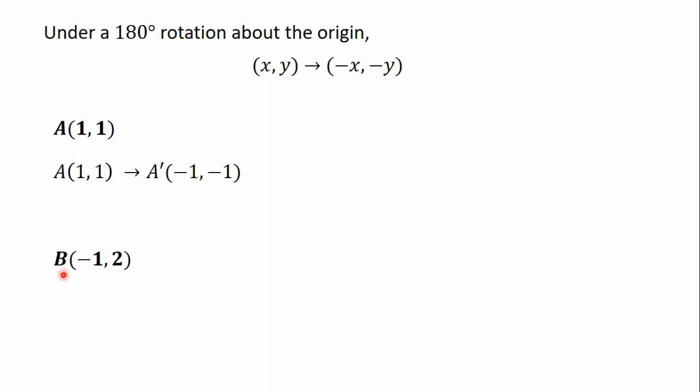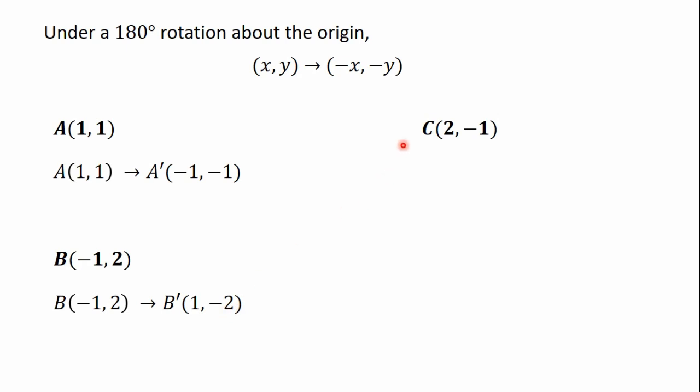The next one is point B with coordinates (-1, 2). The transformation says that (x, y) will give us (-x, -y). So point B with coordinates (-1, 2) will give us B' with coordinates (1, -2). So we negate -1 here, we get 1. Then we negate 2 here, we get -2.